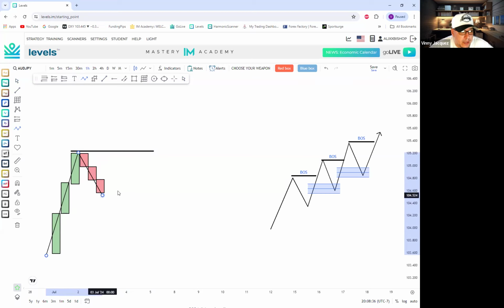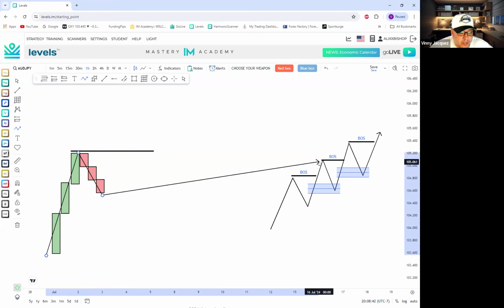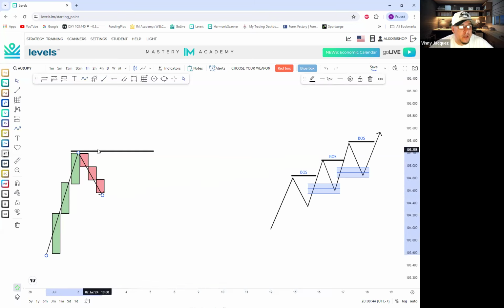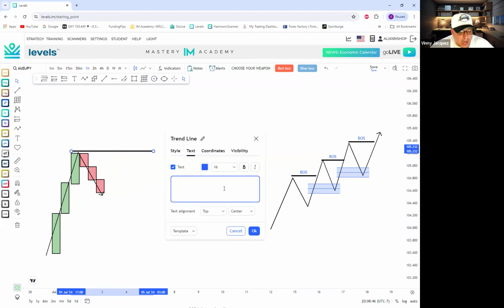So in order to get this BOS move, I need the market to break out to the upside. I know that I need this BOS. Need BOS for buy opportunity. Awesome.